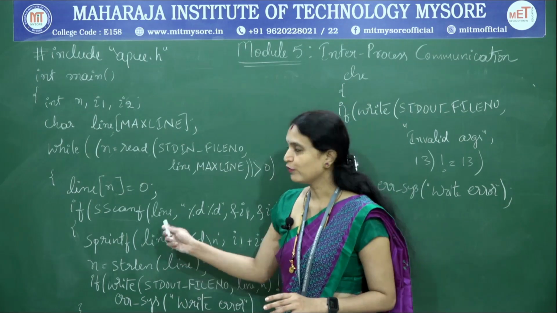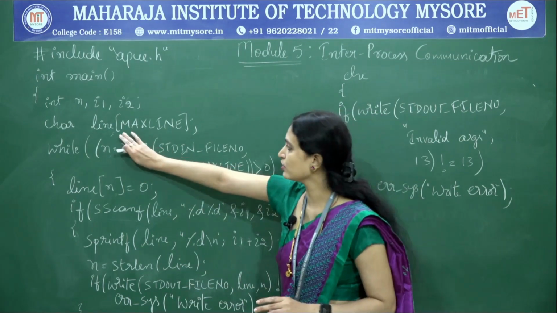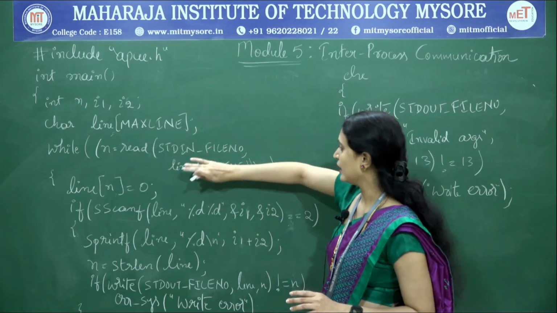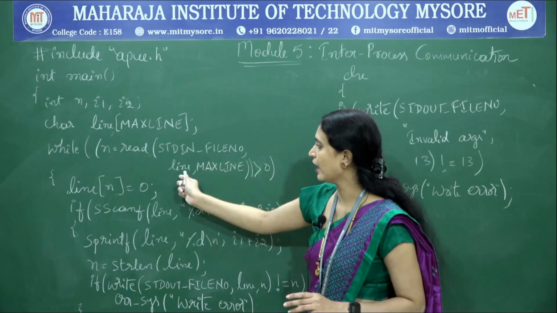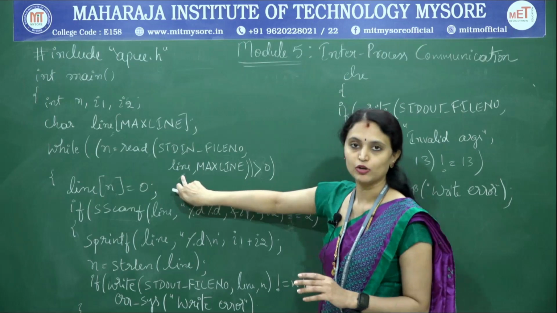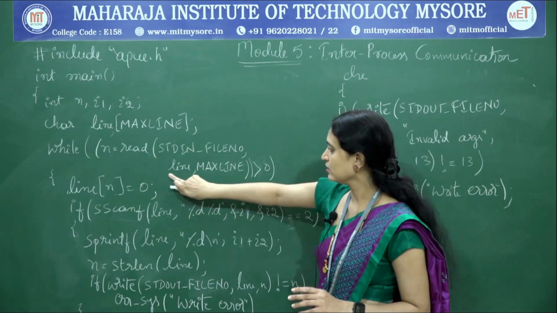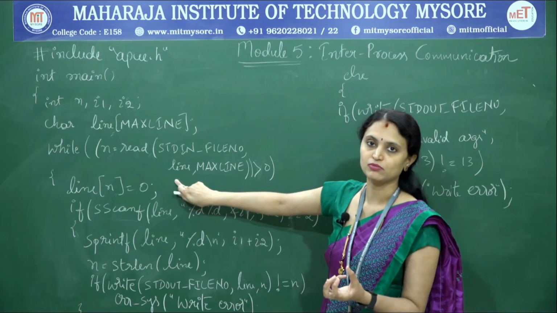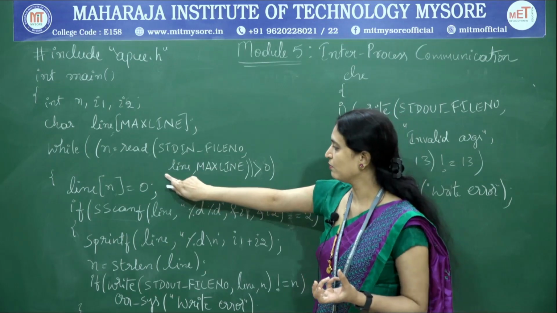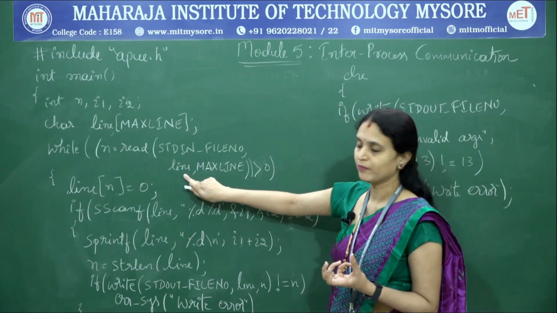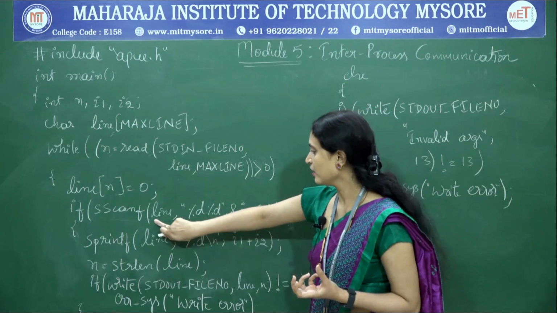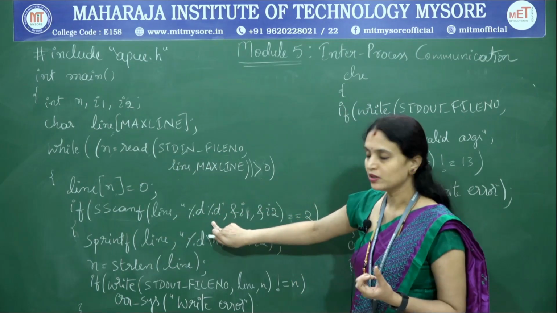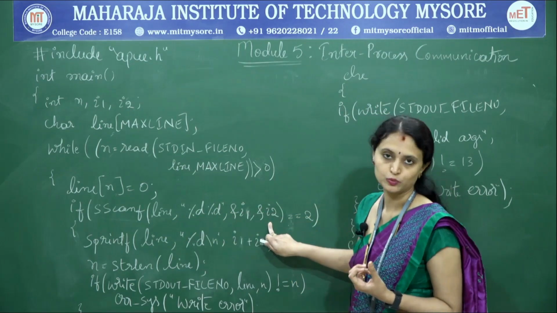That means the string was already read and placed into the character array line in the previous read. So it contains the numbers which we give as input, and that will be stored in this line array. From this line array we will be reading two numbers, I1 and I2.